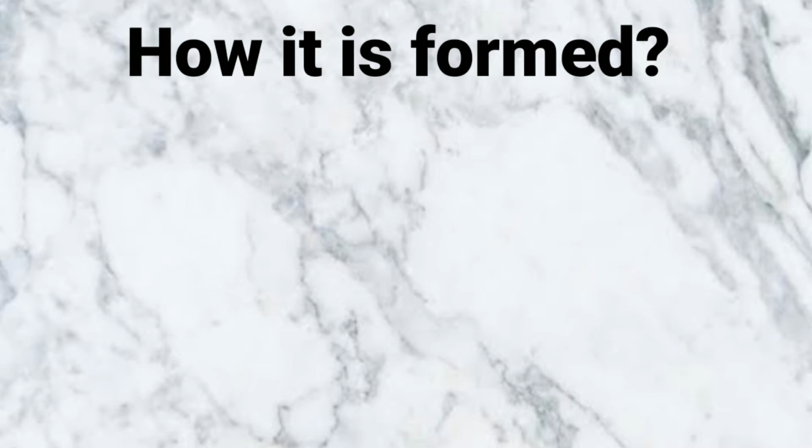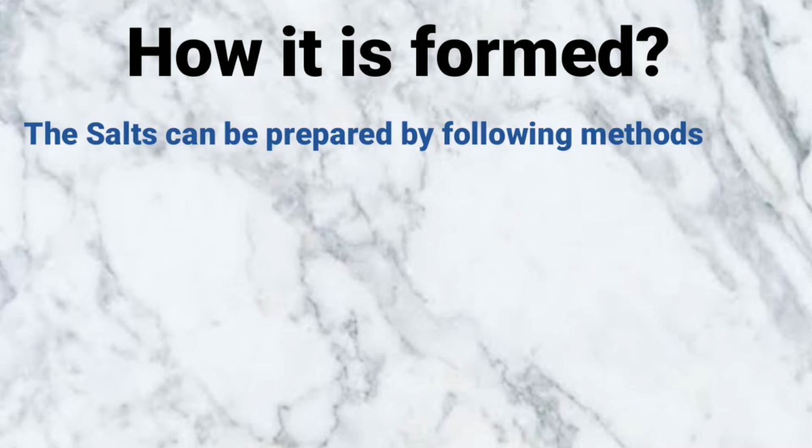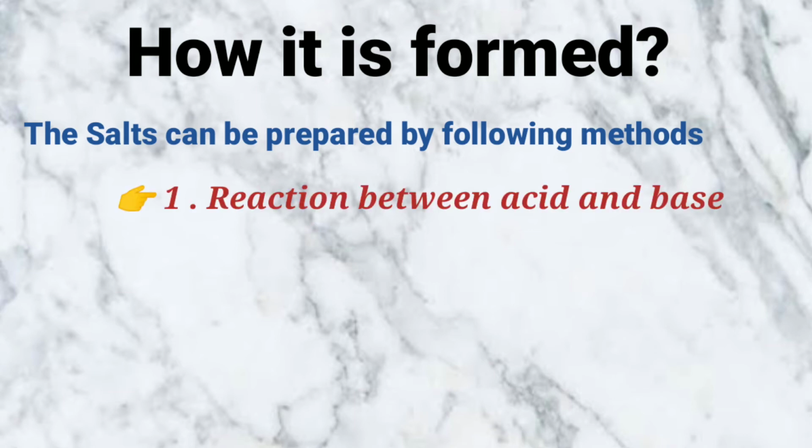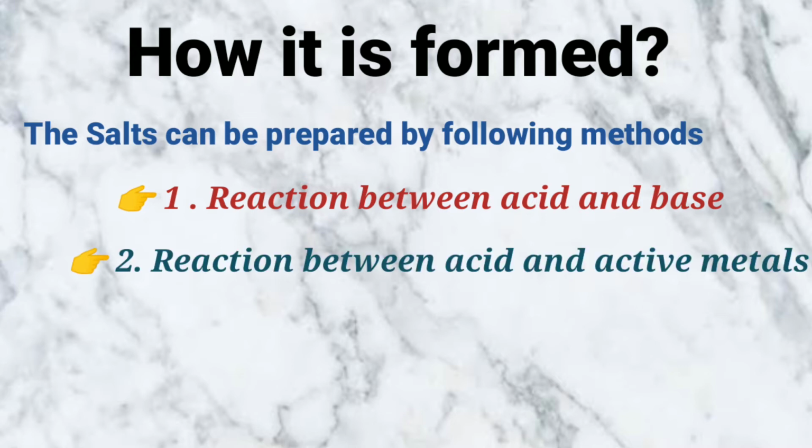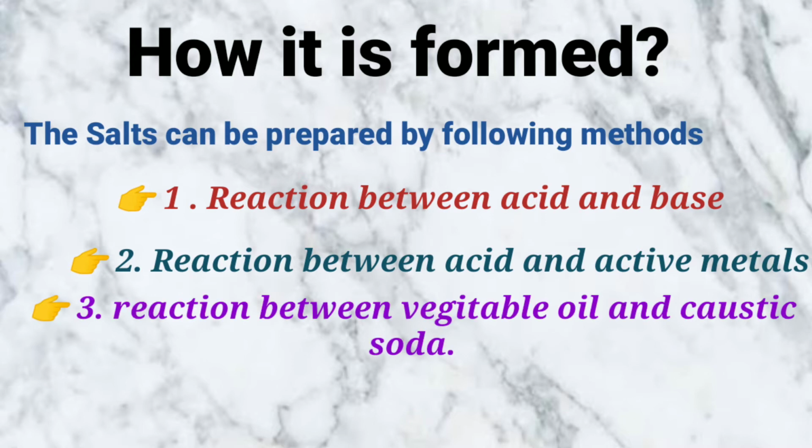So let us see how salt is formed. Salt is formed by different methods. Number 1, it can be prepared by neutralization reaction in which acid reacts with base. Number 2, when acid reacts with active metal. Number 3, when acid reacts with vegetable oil and caustic soda.